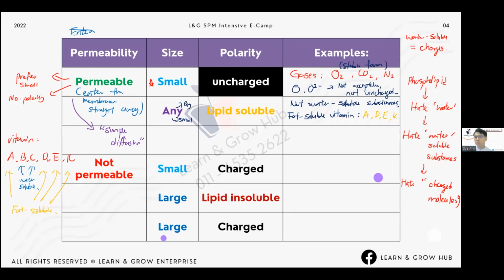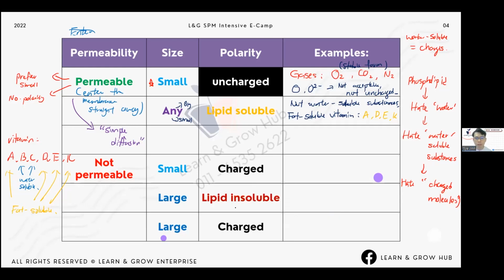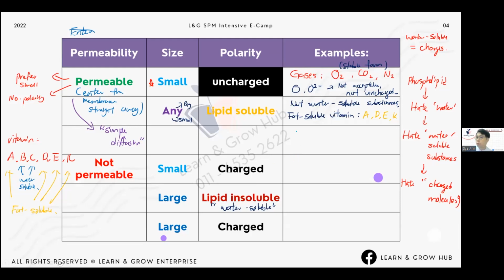If simple diffusion is not able to pass through, what are the components that cannot pass through straight away? For sure, as long as it has charge, or it is lipid insoluble, or we say it is water soluble. First example, a small molecule but charged, as what you saw just now: O2 minus has a charge, so it cannot pass through.